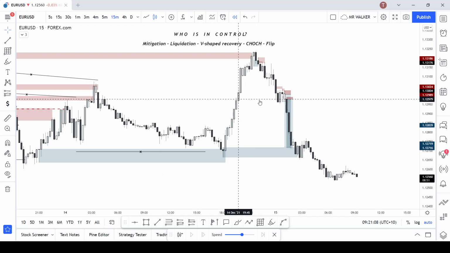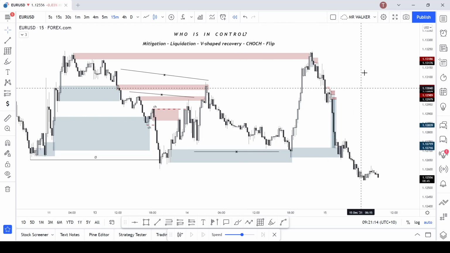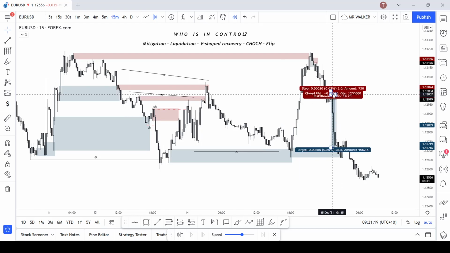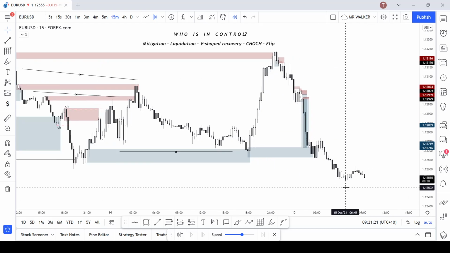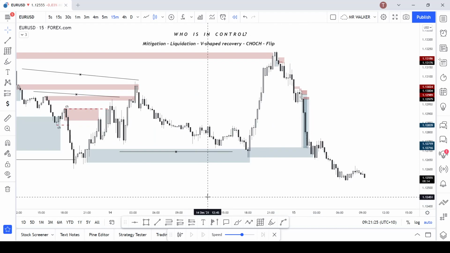Since we were inside the range, I still thought we may probably go higher to mitigate this, let's say, supply, but we failed, and yeah, you fail, you learn, even though sometimes this lesson may cost you a lot of money, right?